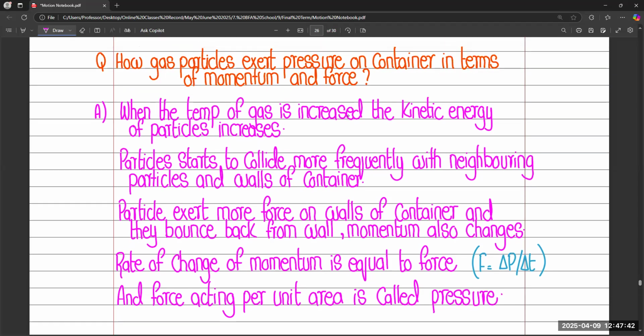So this is the complete descriptive answer for this question, but we don't need to write the whole answer every time. It depends upon the question. Sometimes they only ask for 2 marks, sometimes they ask for 3 marks. So we will write the paragraph according to the marks given in the question. We will discuss the question also, like how we will find questions in the past papers and how to solve them.